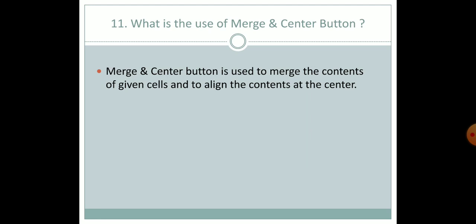It is used to merge the contents and align the contents at the center. It is a button placed near the edit tab. On the tab itself you have the button for merge and center. Yes, it is used to merge the contents and to align the contents at the center.